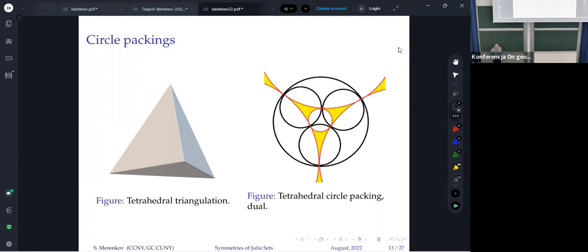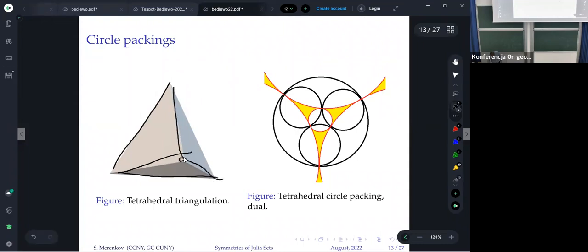So what do you do here? You start with an arbitrary triangulation of a sphere. I picked the simplest possible triangulation, the tetrahedral triangulation of the sphere. The Thurston-Andreev-Koebe theorem says that there is a circle packing that corresponds to such a triangulation. The circle packing is a collection of disjoint disks in the sphere.